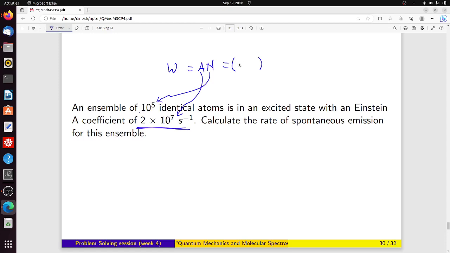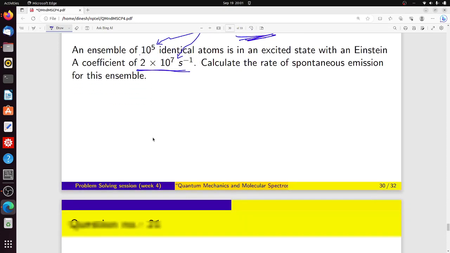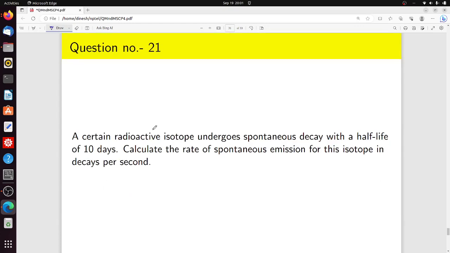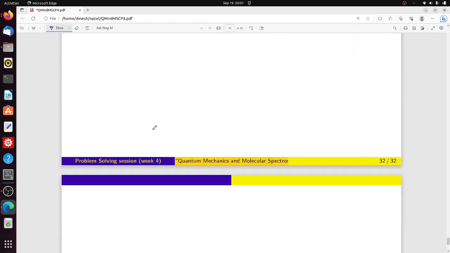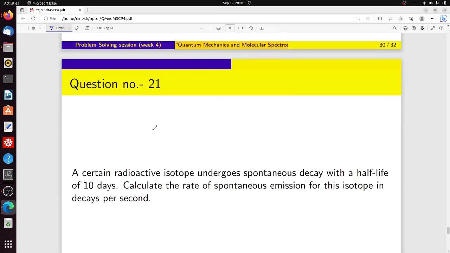A is 2 times 10 to the power 7, and N is 10 to the power 5. So this is 2 into 10 to the power 12 second inverse. This is the answer, the spontaneous emission rate. Okay, so this is the last question, I think.